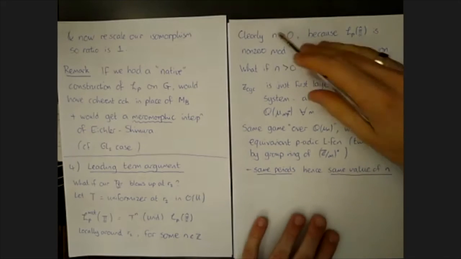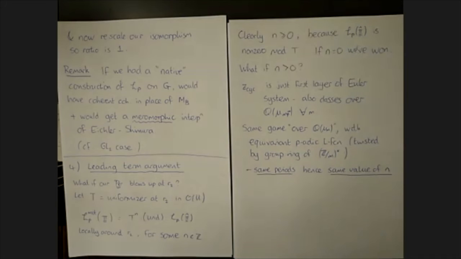And the value of n, this vanishing order of the p-adic motivic L function at t, is going to be the same for all of these objects.